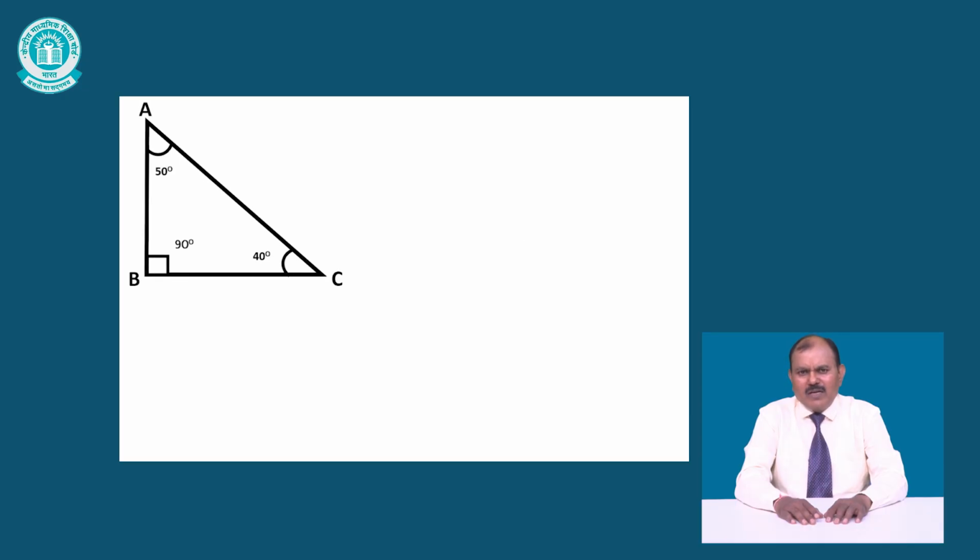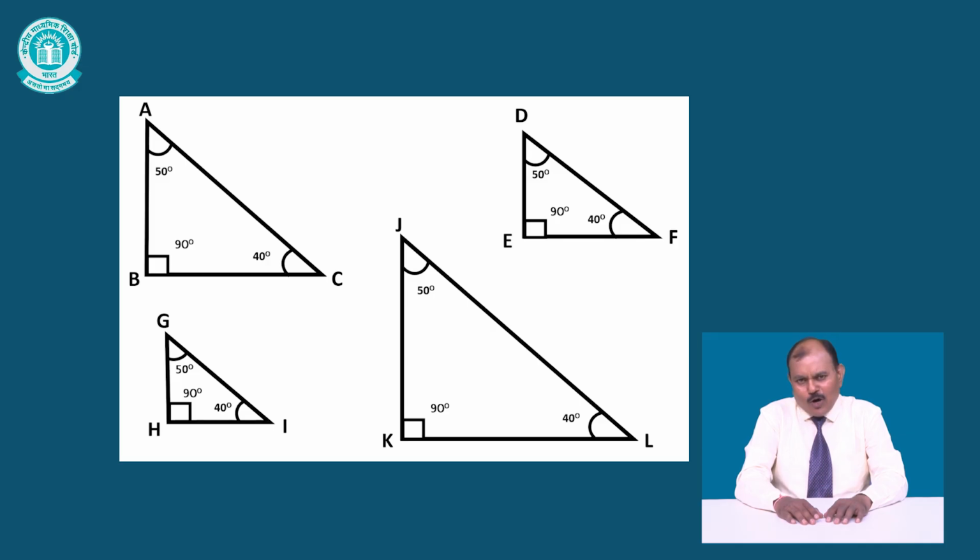Now, let us draw different triangles with angles 40 degrees, 50 degrees and 90 degrees. How many such triangles can we draw? In fact, we can draw as many triangles as we want with different lengths of sides.